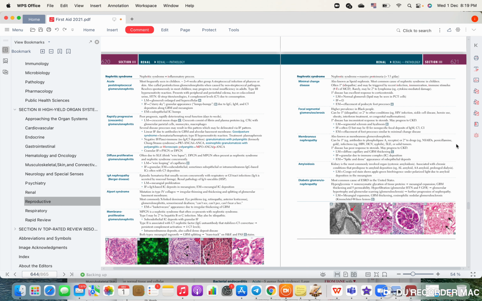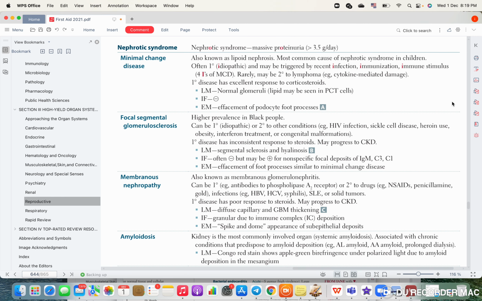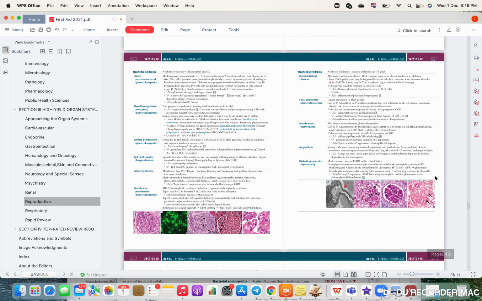It's focal segmental glomerulosclerosis. This is correct. Which hematological disorder can lead to focal segmental glomerulosclerosis? Sickle cell. Okay, good.